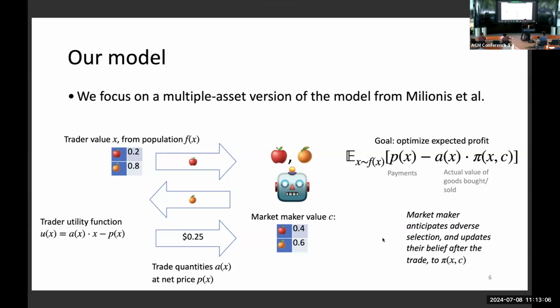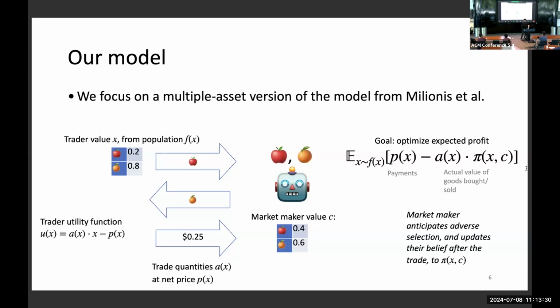Another thing I want to mention is the notion called the trader utility function. You can derive the trader utility function very simply based on the allocation and the payment. I want to note this because it is a very useful thing in mechanism design if we can consider a mechanism in the form of a utility function.